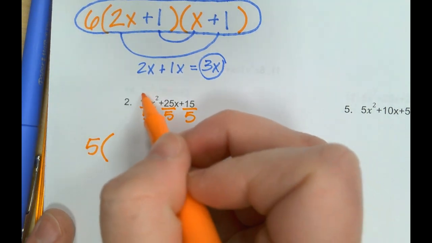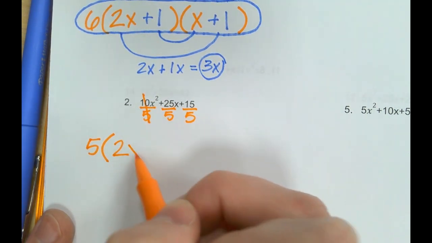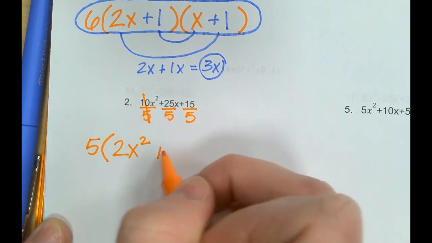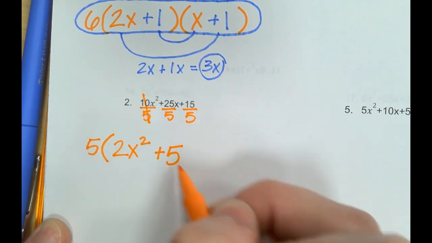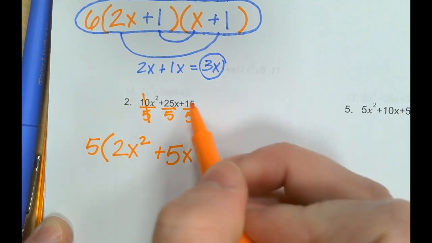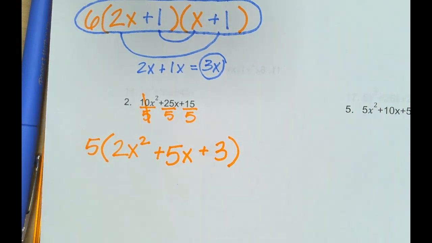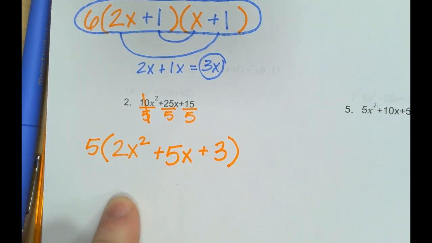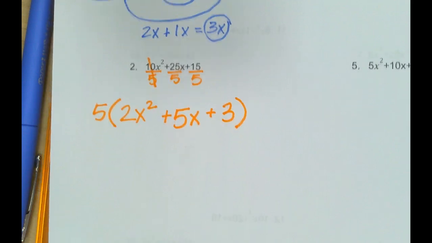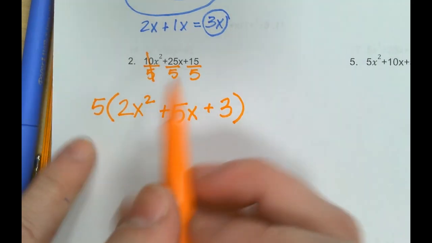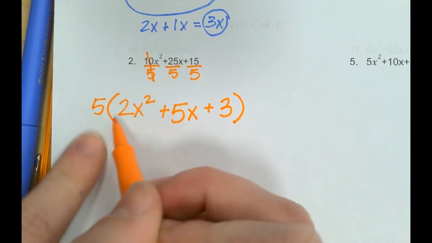10 divided by 5, 2x squared. 25 divided by 5, 5x. 15 divided by 5, 3. So now we are here. Bring your 5 down and bring your 2x. So remember, now we're at the factoring step.